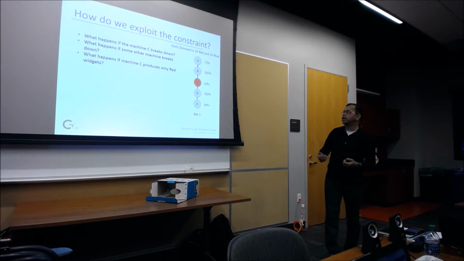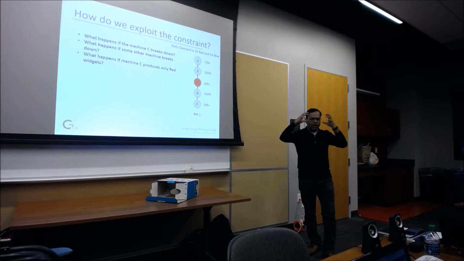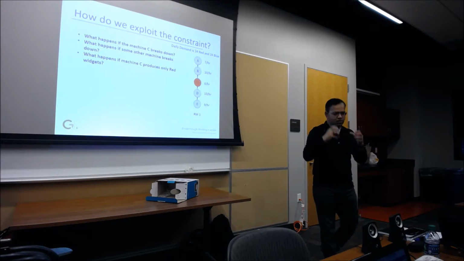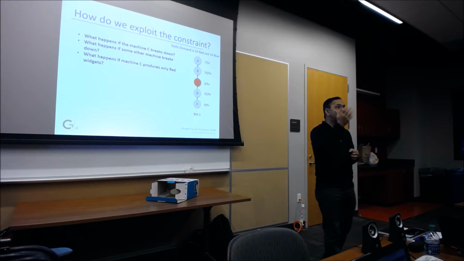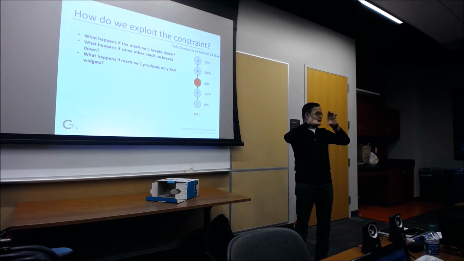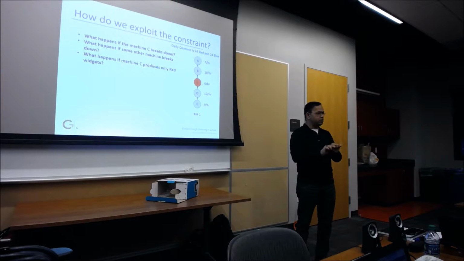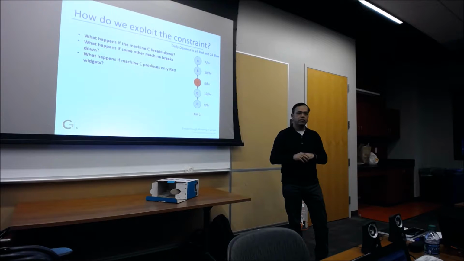It won't impact the system output. So you can start thinking about it, and sometimes it's not clear in your environment, in the department that you work, what is the constraint? Draw a line in your system and say, this is what my system is. What is limiting the output of your system? Whatever you are producing, that is one way to approach it.